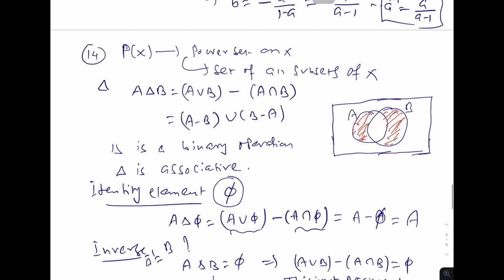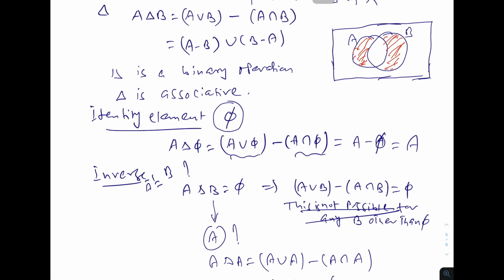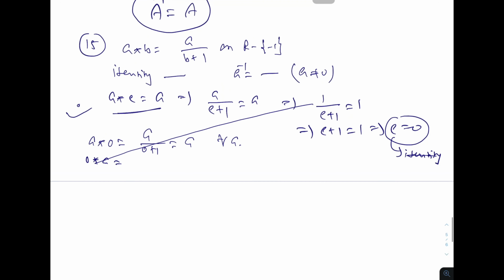Okay, fine. In the earlier example, the commutativity is there. Delta is associative, delta is a binary operation, and even delta is commutative also. Now here we tried for 0, and we are getting it only from one side. So if the operation is not commutative, there is no chance of having an identity element. So this operation is not commutative.